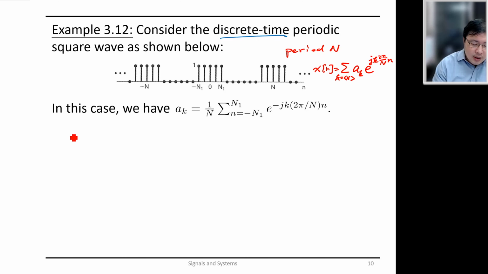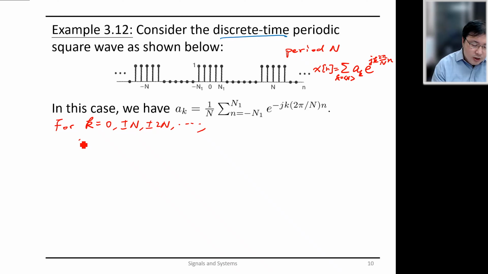Now we can start out with the case where k is equal to 0, or any integer multiple of capital N, plus and minus N, 2N, and so on and so forth.